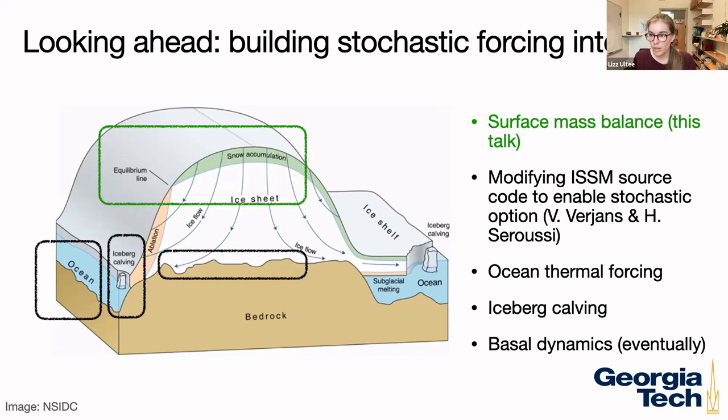Those are things that can be simulated by a process model like ISSM, but things like surface mass balance and ocean thermal forcing are interconnections between the ice sheet and the climate, which itself, the climate has internal variability that needs to be accounted for, and it's very difficult to sample those using traditional methods. And so that's the contribution of using a stochastic forcing in addition to stochastic emulation of parameter uncertainty.